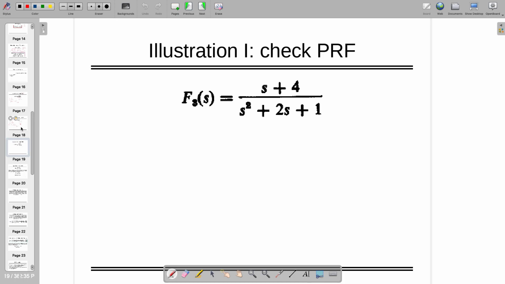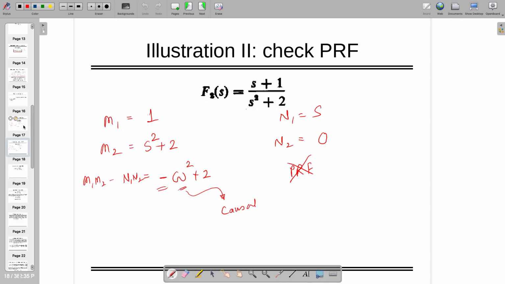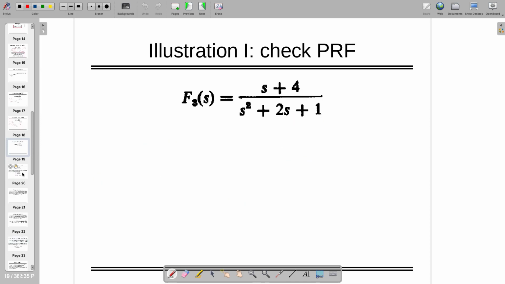Now let's talk about this one. It's a new question, right? Whether it's realizable or not, I can see that B is less than A, C is greater than 0, no problem.